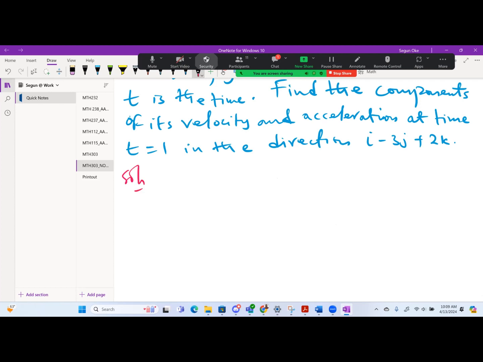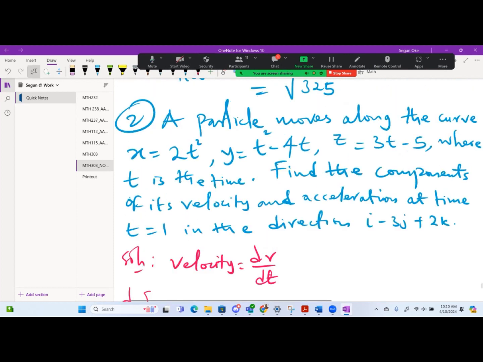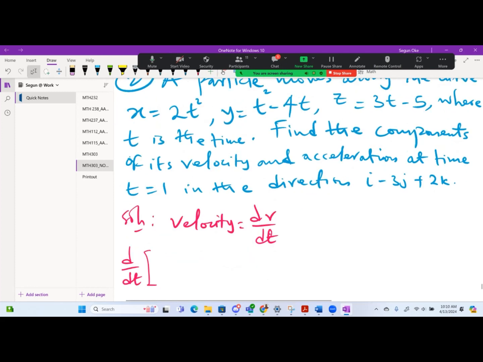The solution will be the velocity first, because you can't go to acceleration without velocity. So for velocity, what do we have? We have r of t, which is d/dt. I know all my components one by one. I know my x, I know my y, I know my z.